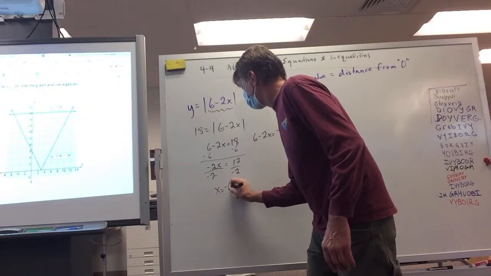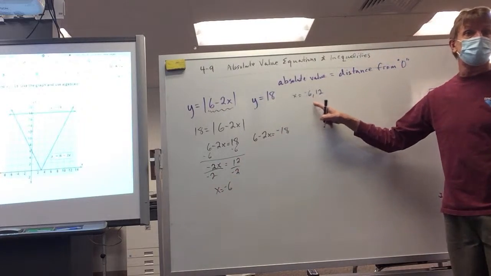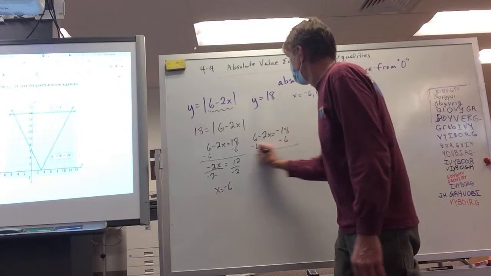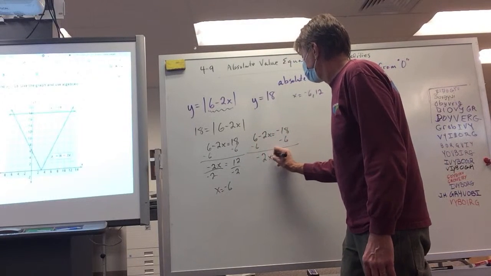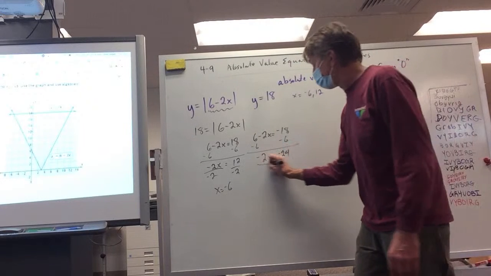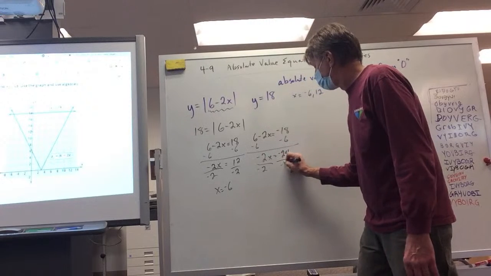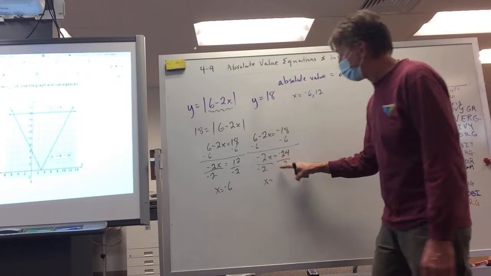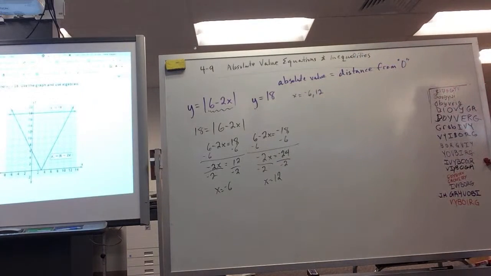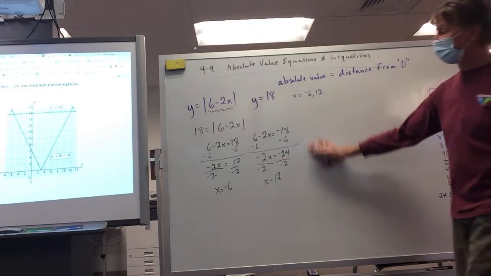X equals negative 6. There's your first solution. Now over here, subtract 6. Negative 2x equals negative 24. Divide by negative 2. Negative divided by a negative, positive. There's your 12.